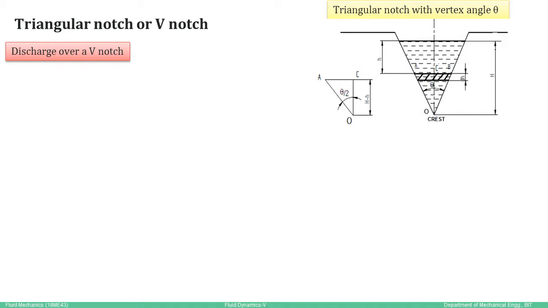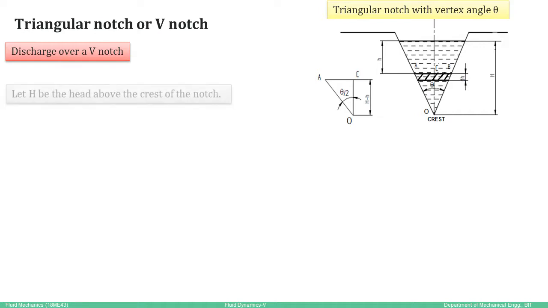So now if you consider the triangle OCA, then the angle AOC is theta by 2, and since the total height is capital H and the height from free surface to the strip is small h, the height of CO is capital H minus small h.